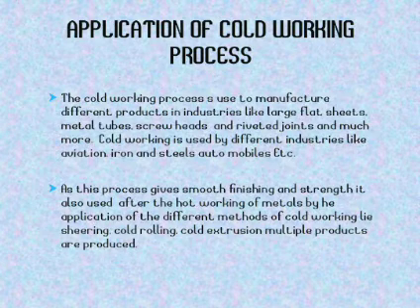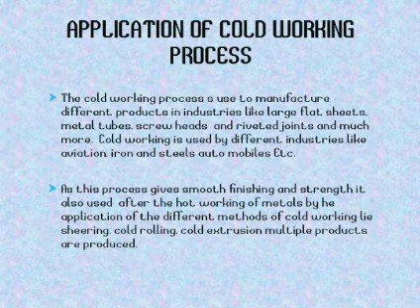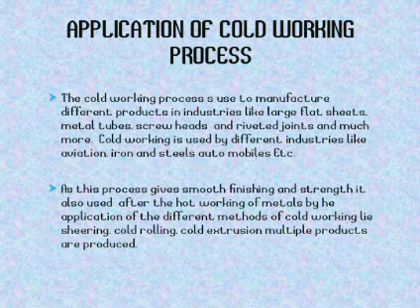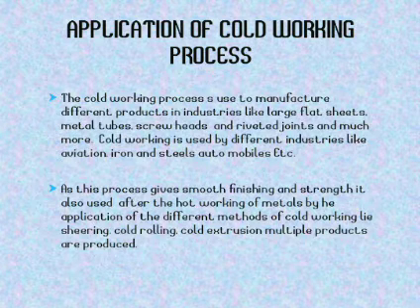So, the applications of the cold working process. The cold working process is used to manufacture different products in industries, like large flat sheets, metal tubes, screw heads, riveted joints, and much more. Cold working is used by different industries like aviation, iron and steel, automobiles, and many more.